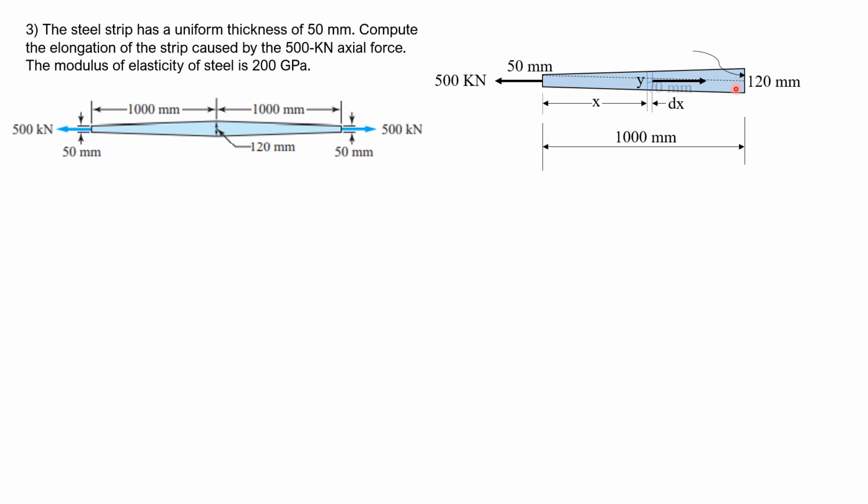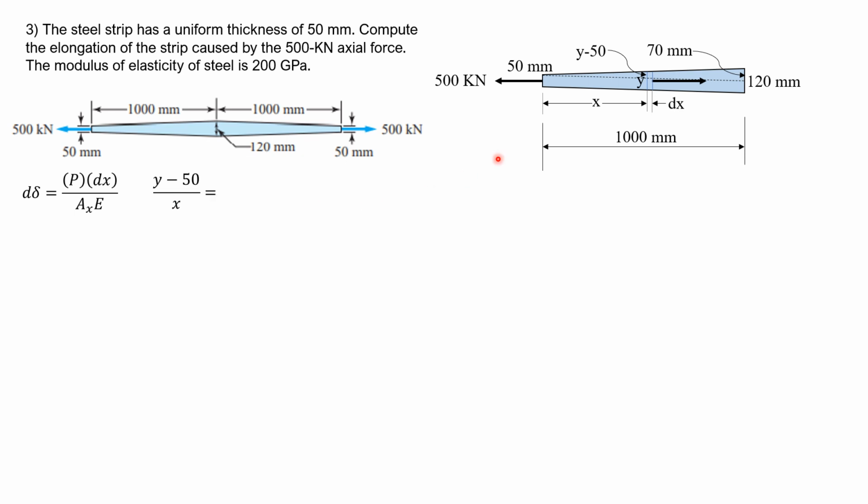So that's 70 mm, and this part is y minus 50. So by similar triangle, this is the formula. Differential deflection is force P, which is constant, the length should be dx, so that the stress just to the left and just to the right would be the same, over area at section X, which is changing, times E. At this section here, the area is equal to area X.